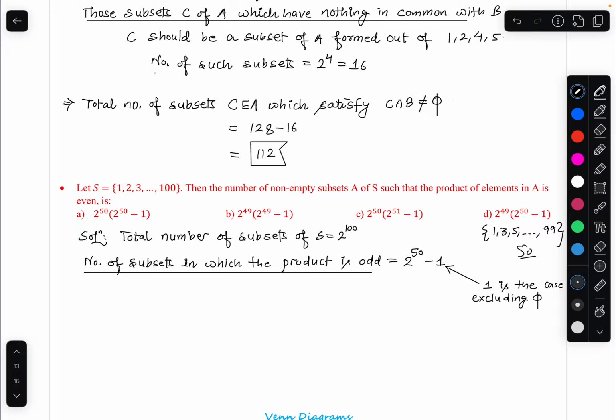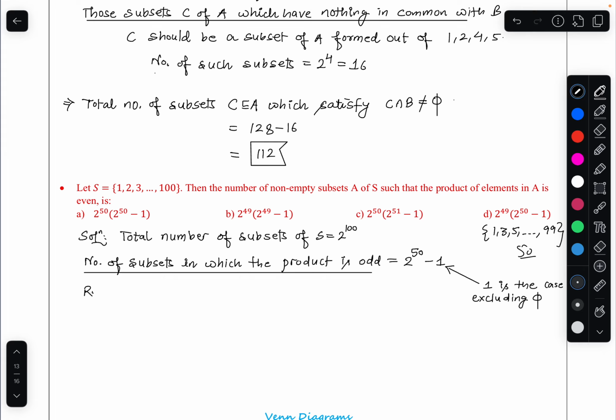So we subtracted 1 because we want to exclude the case where the phi could have been included. Subtraction of 1 is to exclude the inclusion of phi.